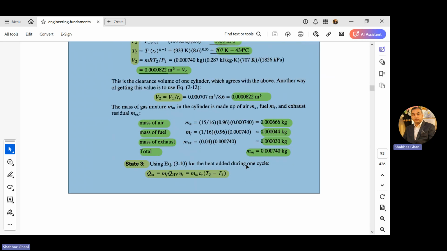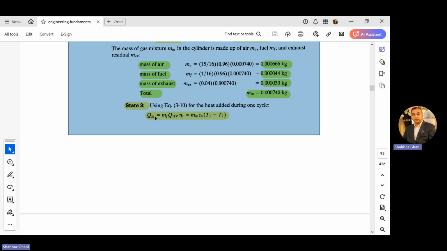Now at point 3, in process 2 to 3, we are getting heat addition in the cycle. So Q in, which is the mass of the fuel times the heating value of the fuel times the combustion efficiency, is equal to the mass of mixture times the specific heat at constant volume times T3 minus T2.